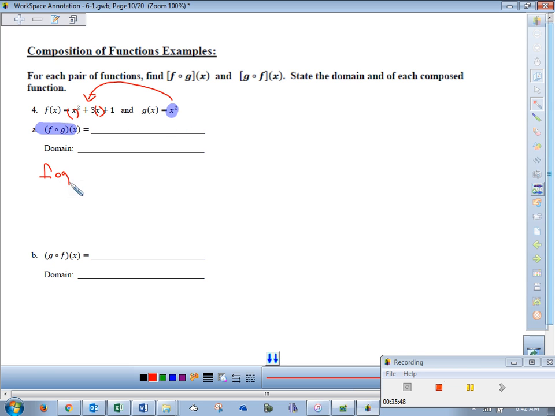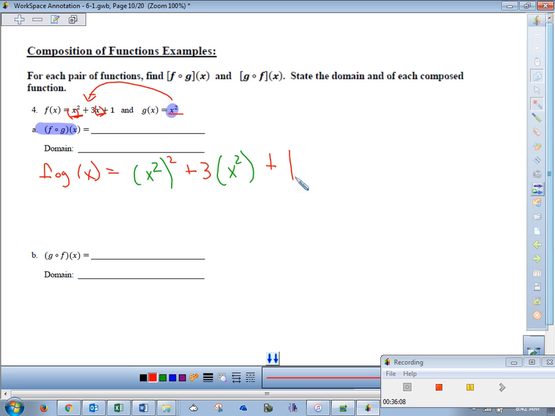So f of g of x equals x squared, that is also getting squared, plus 3 times x squared plus 1. This went in for x into every one of those positions. Where there was an x, I replaced that with an x squared.